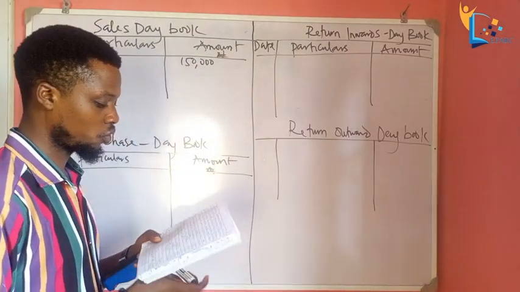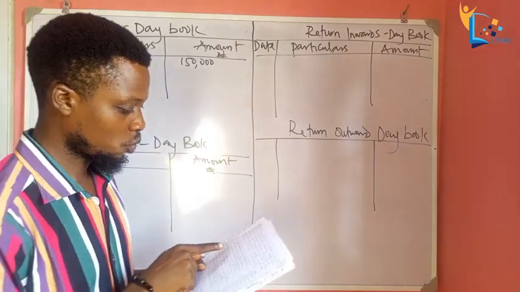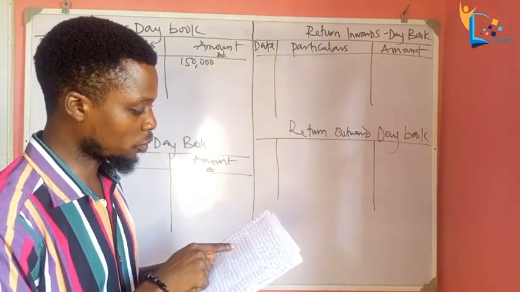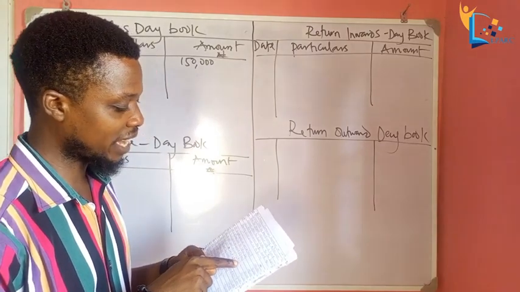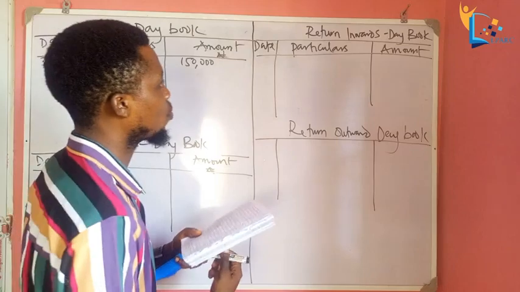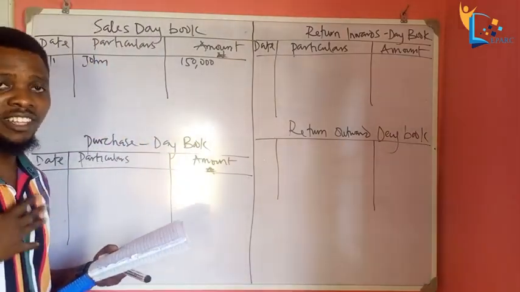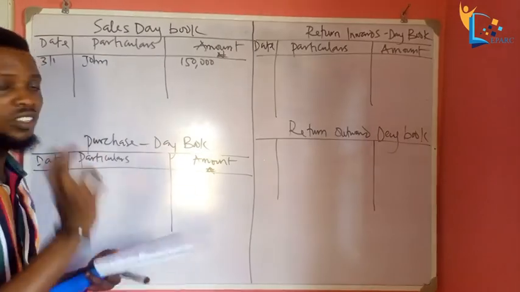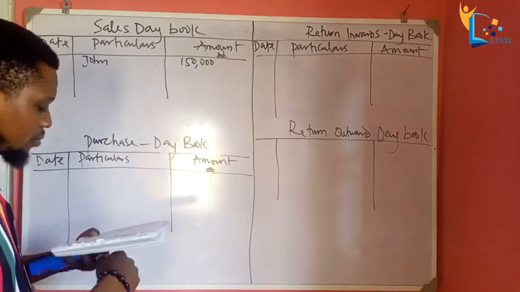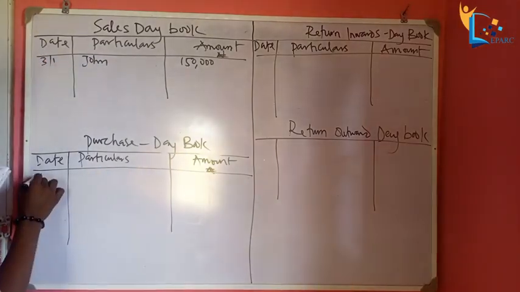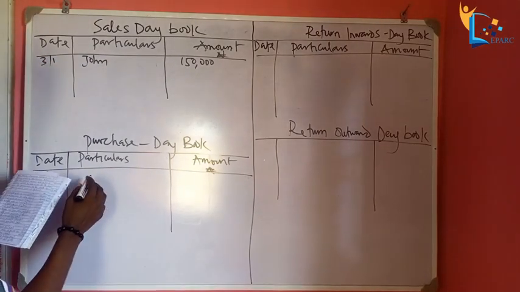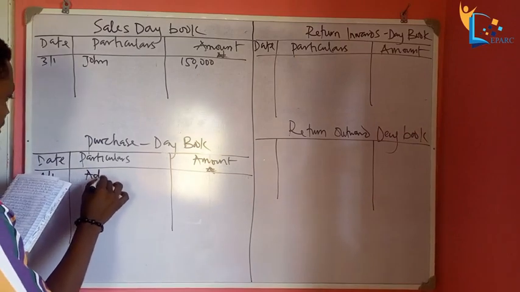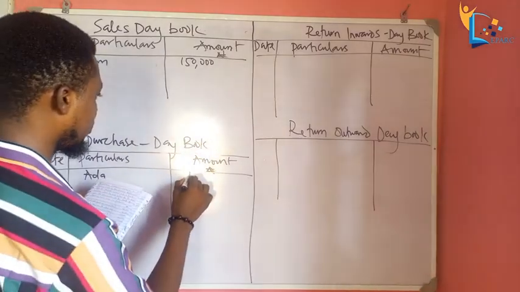Now, on the 4th, bought goods on credit from Ada, 180,000. When the business person buys on credit, it's recorded under purchase day book. So you write 4th of January. From who? Ada. How much? 180,000.